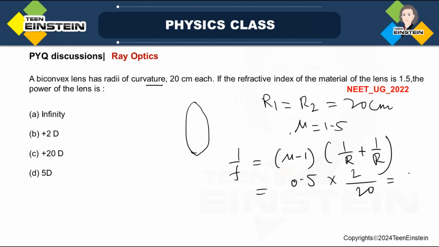See here, we know 1 over f from the lens maker's formula, in this case 1 over 20, right? 1 over 20. So this is per centimeter. I have to find out in diopter. Okay, power in diopter. So we have to multiply by 100 here to make it per meter.